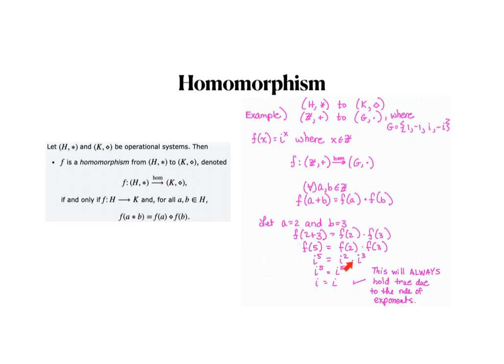You'll notice due to exponent rules, when you multiply, this is i to the 5th. So exponent rules say to add. Clearly, I have an imaginary number here, and these numbers that I'm choosing, 2 and 3, get added before they're put on the exponent. So this will always be true, and this is an example of a function that's homomorphic.